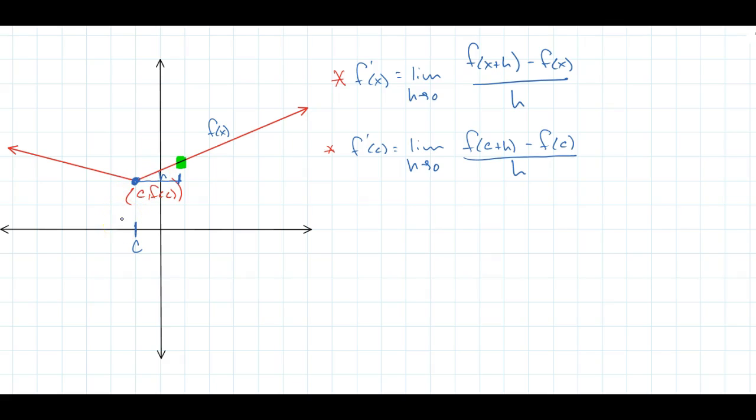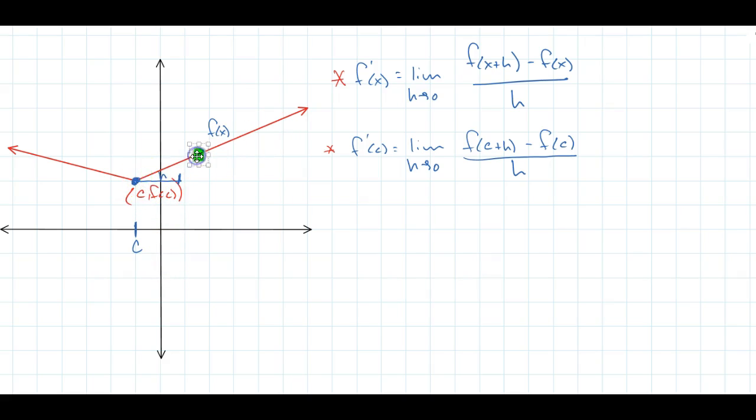As that happens, you'll notice something quickly from the right-hand side. The graph that I drew was a straight line, and as that point gets closer and closer to the value of C, h is approaching 0. My h values are all positive in this case, and I'm getting closer and closer to a specific value.